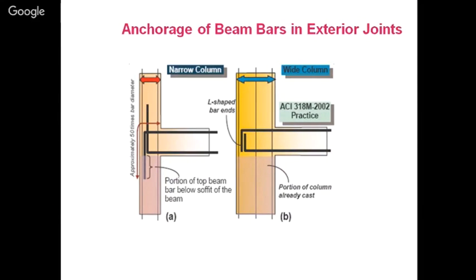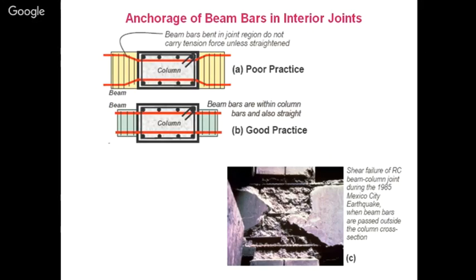Anchoring. Anchoring is also required to a larger extent to give homogeneity and proper anchoring of the structural elements, horizontal to the vertical. One of the good practices is allowing all the bars of the beam to pass through the columns.